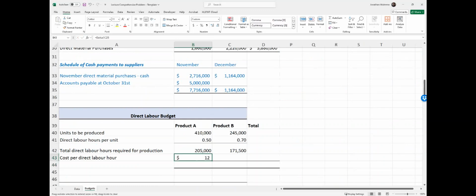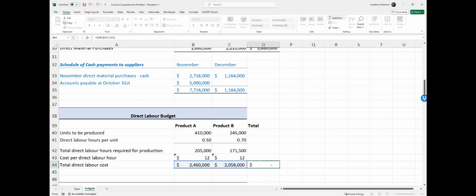Okay, so in terms of how much that's going to cost us, the direct labor cost: 2,460,000 for product A, 2,058,000 for product B, for a total cost of about 4.5 million.